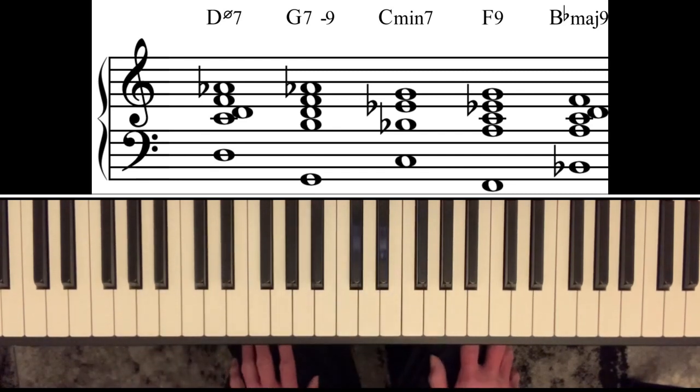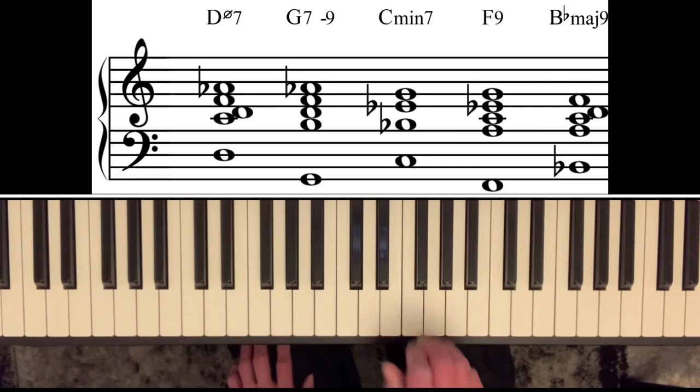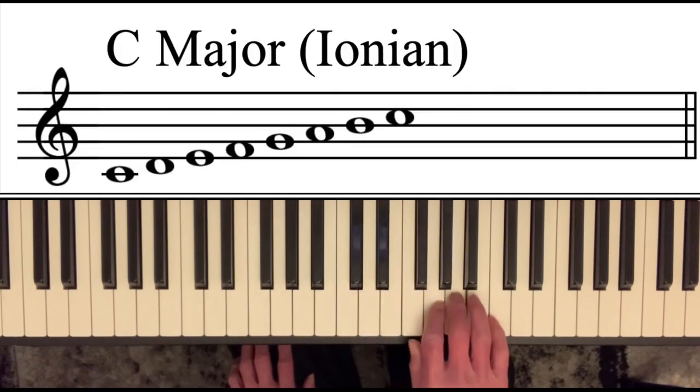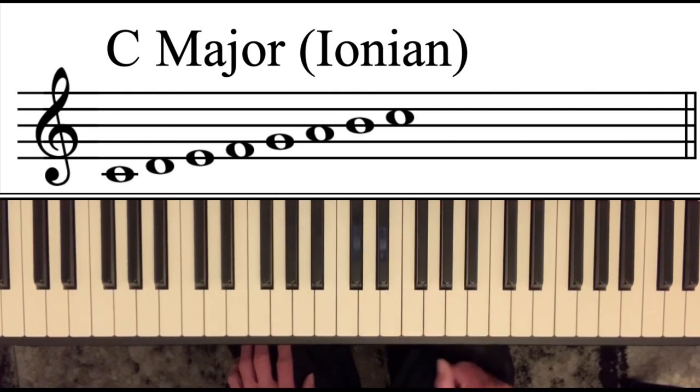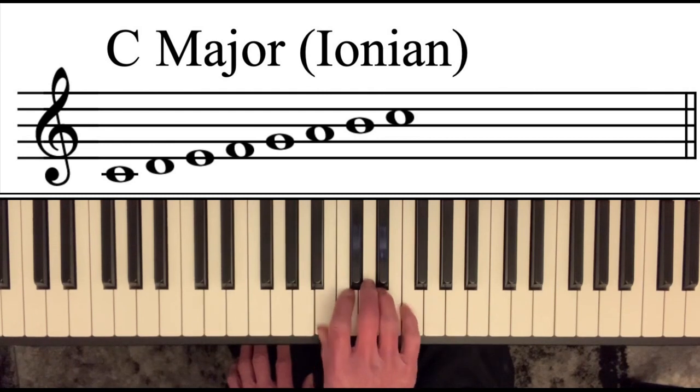Now, the default scale, or rather mode, to play over a minor 7 with a flat 5 chord is the Locrian mode. Now, it sounds very technical, but it's not at all. It's simply the seventh mode of a major scale. In other words, if you take, say, the notes of a C major scale, play exactly the same notes, but starting on the seventh note, which is B, so I'll play it down there.